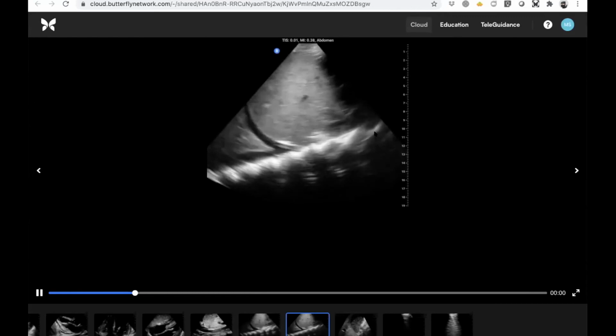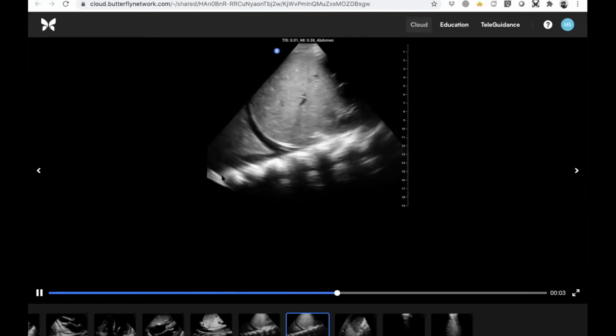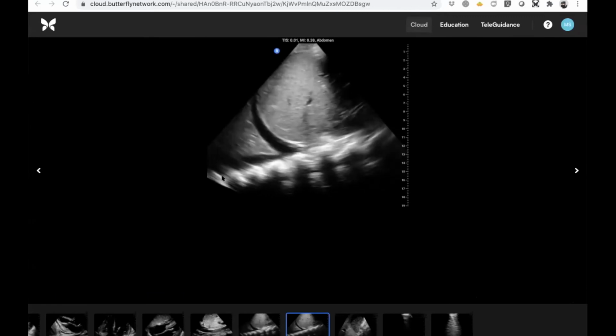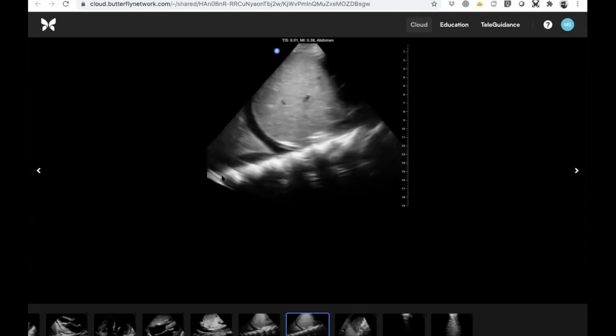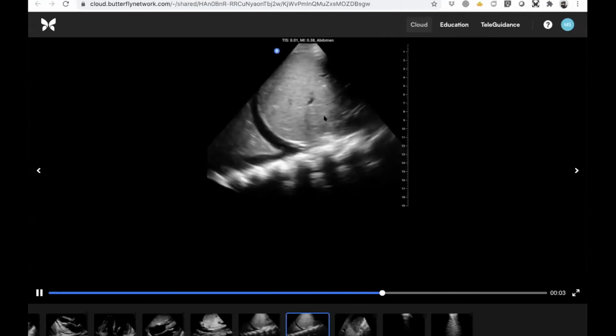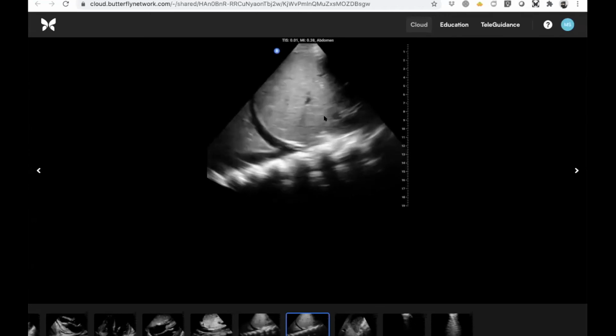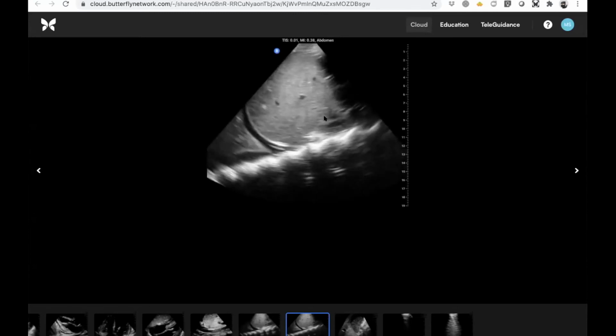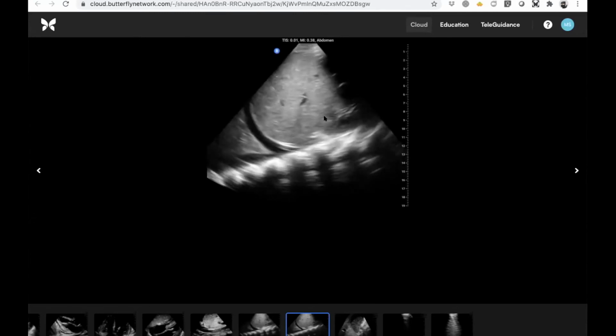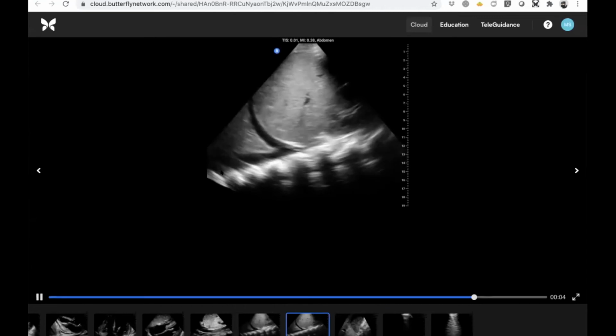Yeah, so this is something we call a spine sign. And essentially in normal lung, the air from the lung would have scattered the sound waves so that nothing could be imaged really in this space. And so you would normally never see the thoracic spine entering into the cephalad field of view.